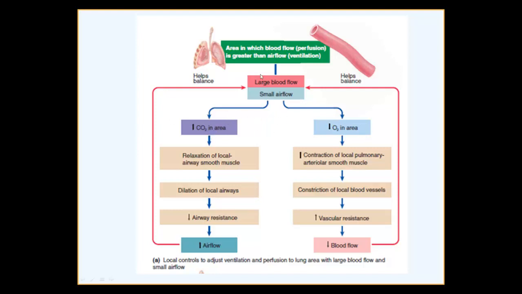Initially, the carbon dioxide will have an effect on the bronchioles. The increased amount of carbon dioxide will allow the smooth muscles in the bronchioles to relax. If you relax the smooth muscles of these terminal bronchioles, so now you have dilation of the local airways and that reduces the airway resistance, and that will allow an increase in the airflow.